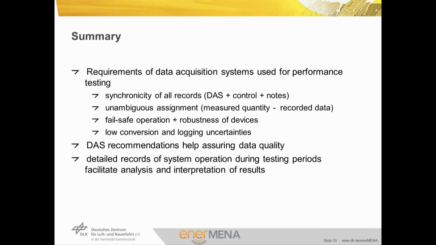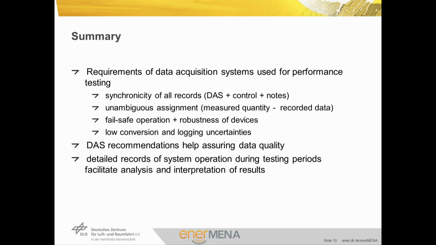In the course of this unit, the requirements of data acquisition systems used for performance testing have been introduced. They comprise the synchronicity of all records, the unambiguous assignment of signals, device robustness, fail-safe operation, and low conversion and logging uncertainties. An exemplary implementation of a data acquisition system for loop performance testing has been illustrated.